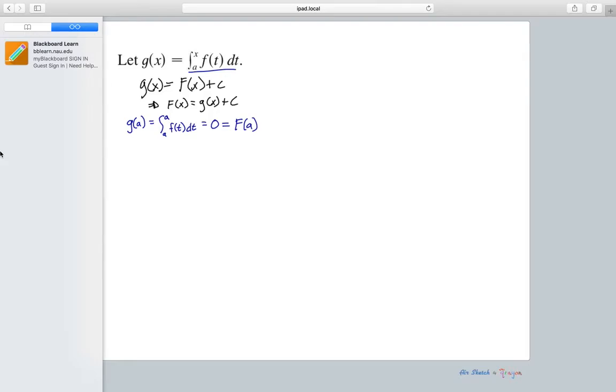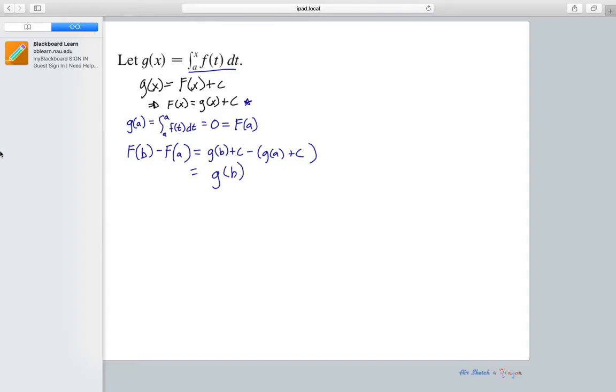So now let's take a look at this. Capital F of B minus capital F of A, using this definition, would be equal to G of B plus C minus G of A plus C. Whoop, I'm a little wild with my parentheses.